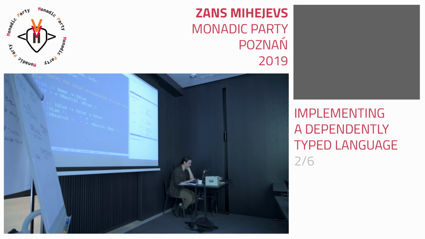And here we have a few helper functions, one for generating the value of the free variable, and one for applying: if you take a higher order representation, we can just use regular application to perform the computation there.